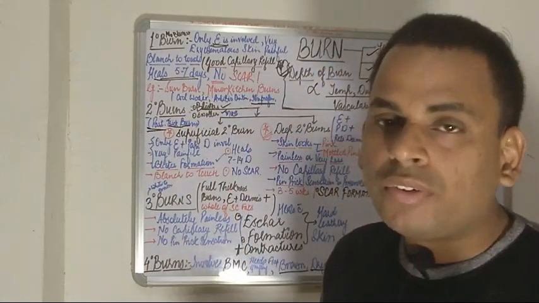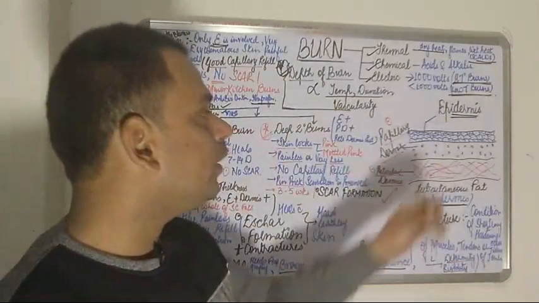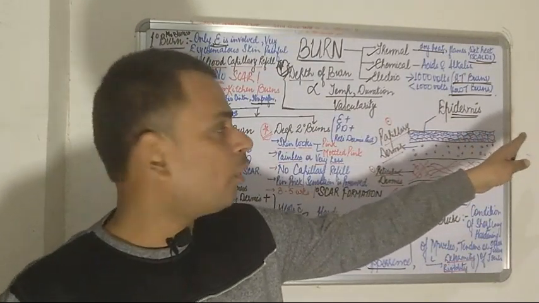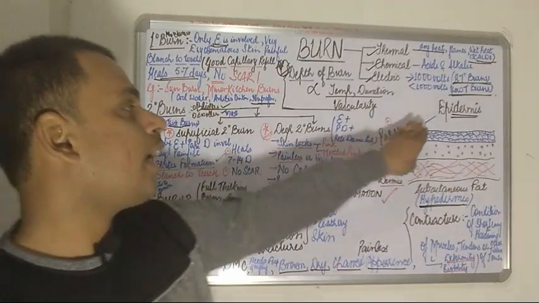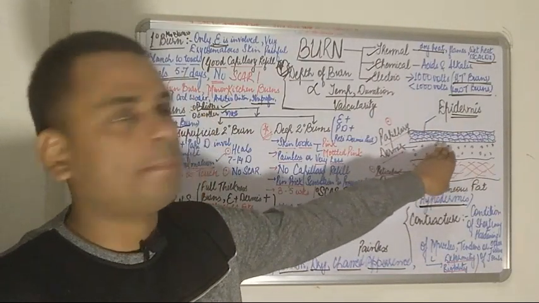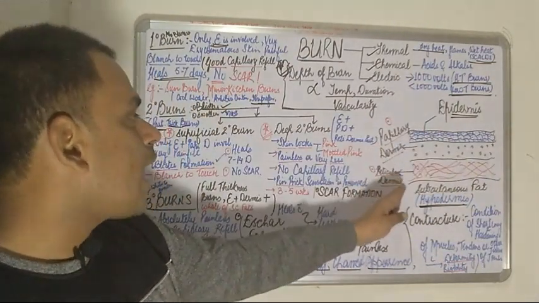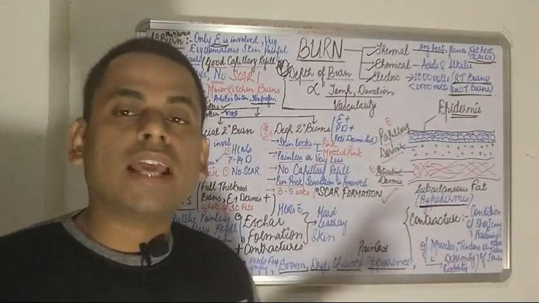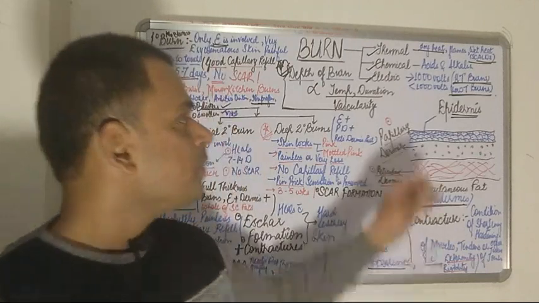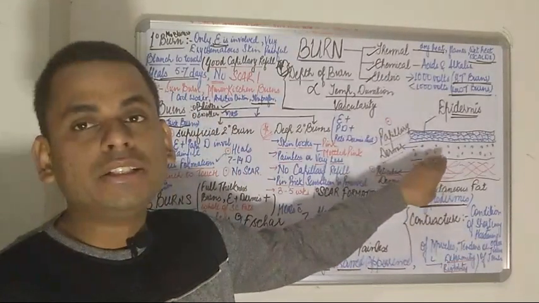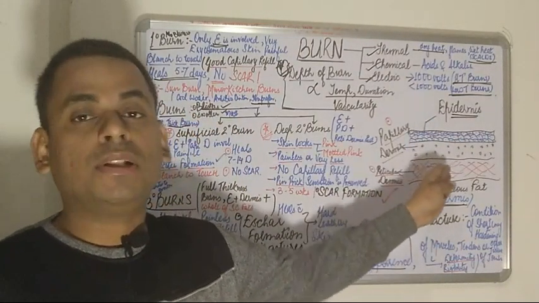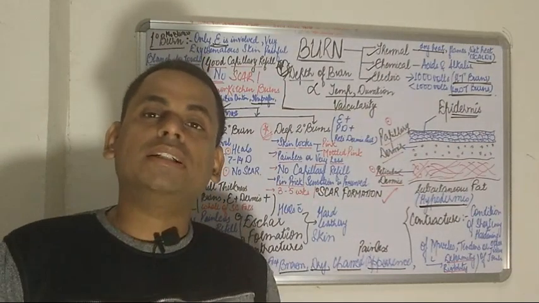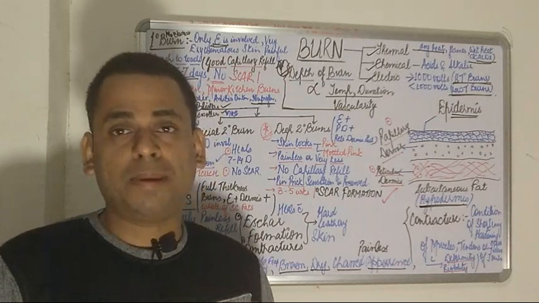Students, as the name already suggests, in the 2 degree burns a part of the epidermis will be involved, and there can be involvement of either the papillary dermis, or it can extend up till the reticular dermis. So the entire epidermis can be involved. It can reach up till the papillary dermis layer, or it can reach up till the reticular dermis layer, but not beyond that. So such burns are mostly very painful.